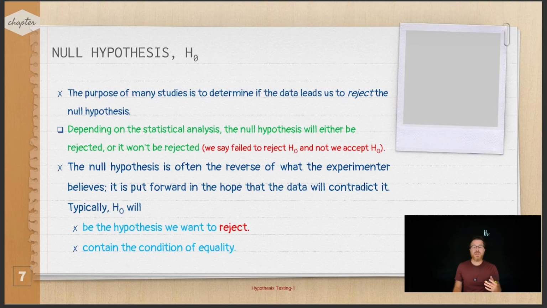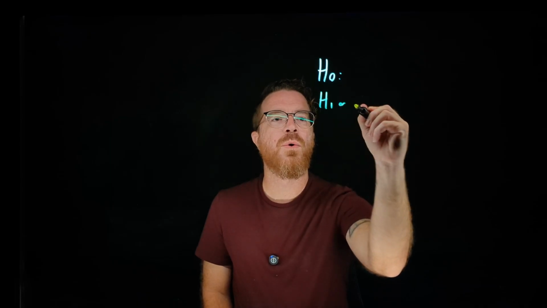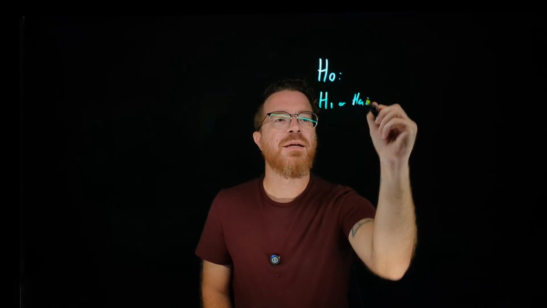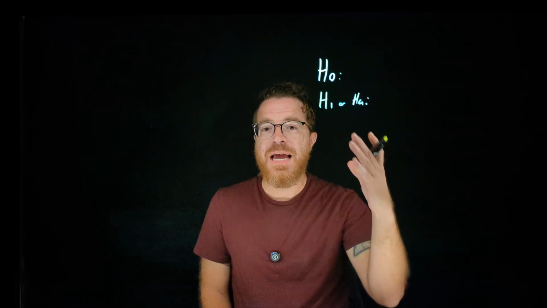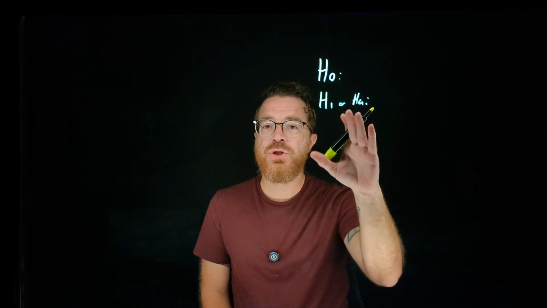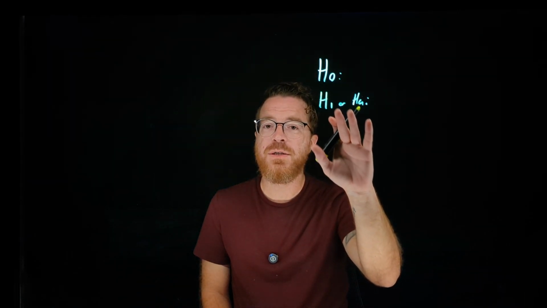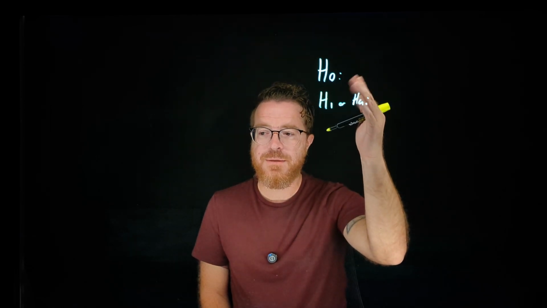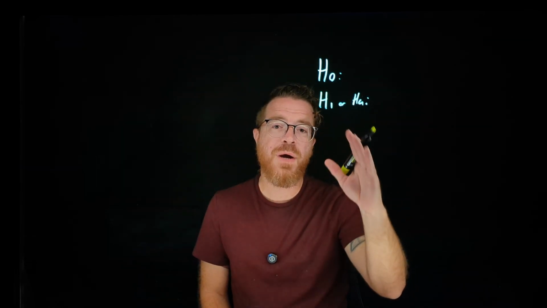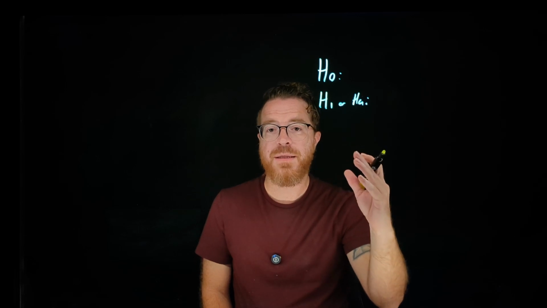This other direction is going to be our alternate hypothesis. This is written as either H1 or HA for alternate hypothesis. This is what we as researchers actually believe is true. We want to show that the evidence points towards this alternate hypothesis and refutes the null hypothesis, which then leads us to have two possibilities for this hypothesis test.